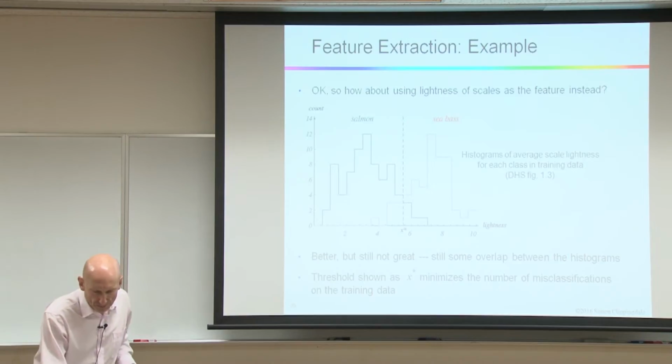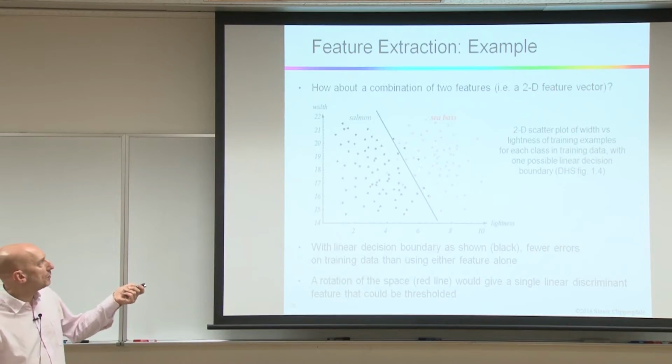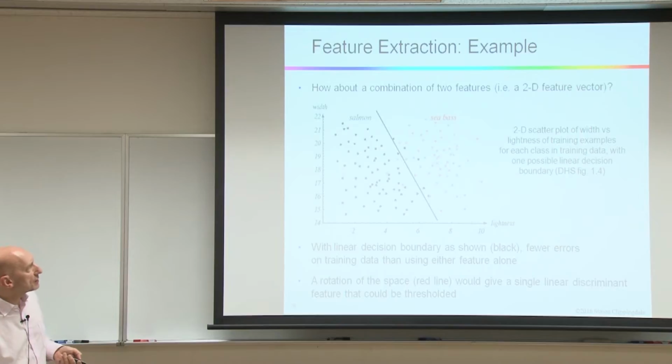Okay, so how about this then? Use two features, so lightness along here and width, or length. I don't know why it's changed to width, but up there. So now if you plot all the salmon examples that you've got and all the sea bass examples that you've got in your training set, it looks like this in two dimensions.